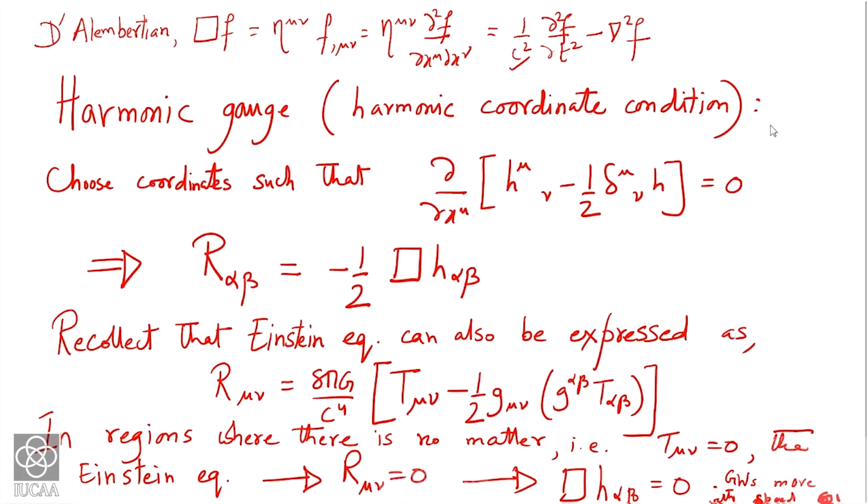And hence, it is obvious that general relativity must be consistent with special theory of relativity, because any perturbation does not move instantaneously, but it propagates with the light speed, namely 3 into 10 to the power 10 centimeters per second.